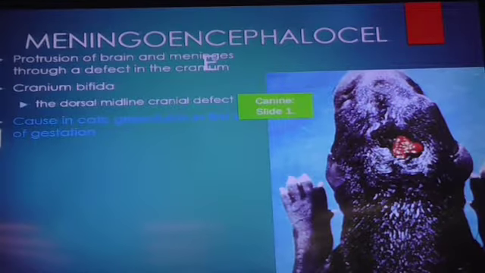For whatever reason, that nutrient is important to make sure that you have complete closure in that area. Is this seen in chihuahuas that are also prone to open fontanelles? Right, but it's not the same thing. An open fontanelle is different from a meningoencephalocele. With open fontanelle, they are predisposed, and that's more of a genetic thing with chihuahuas.